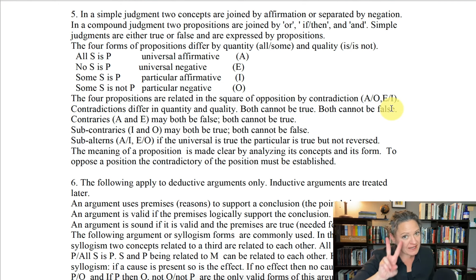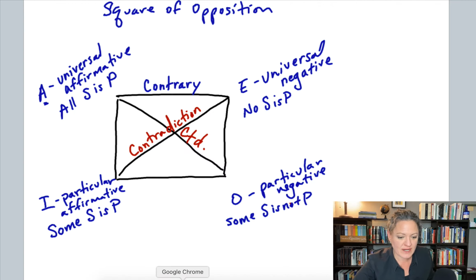That's the second way. The third way is I want you to give me an example of a contradiction. So let's go back to the square, and I'm going to show you what I'm looking for in an example. So here's differs in quantity and quality. Let's just highlight that. Universal, particular. Affirmative, negative. Okay, that's differ in quantity and quality. That's for the contradictions. Now let's go over here.